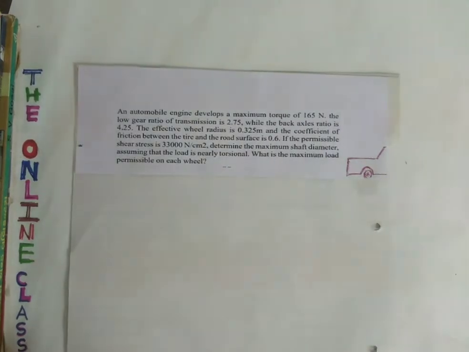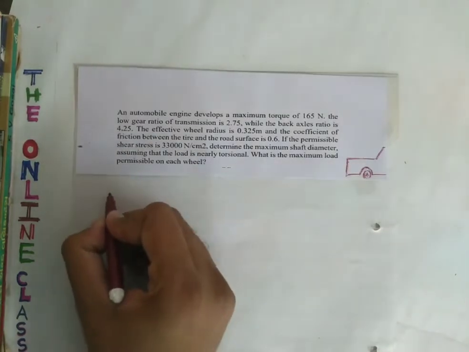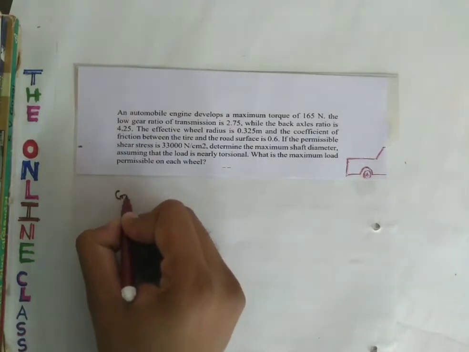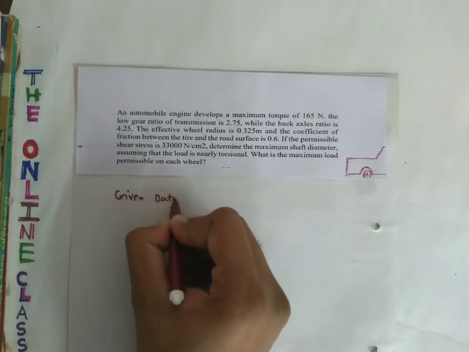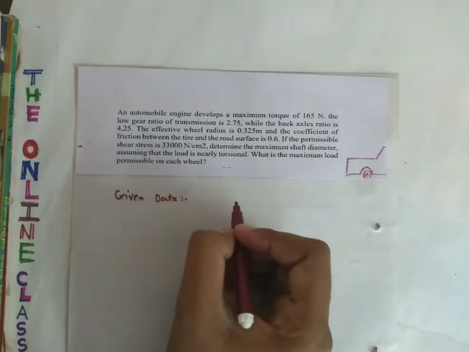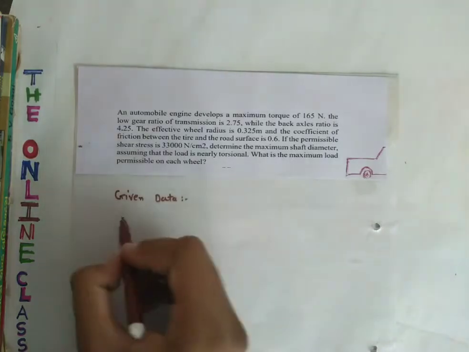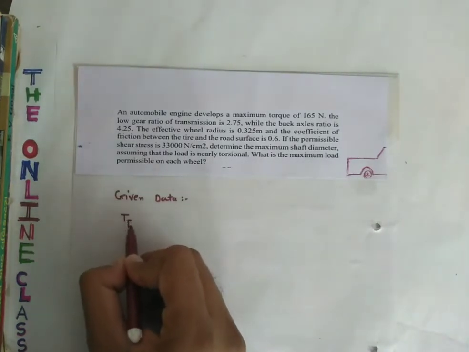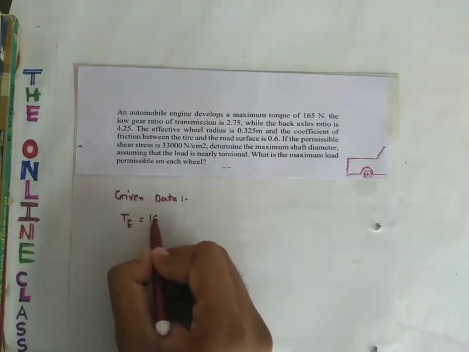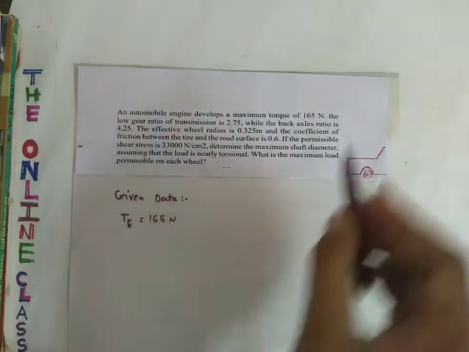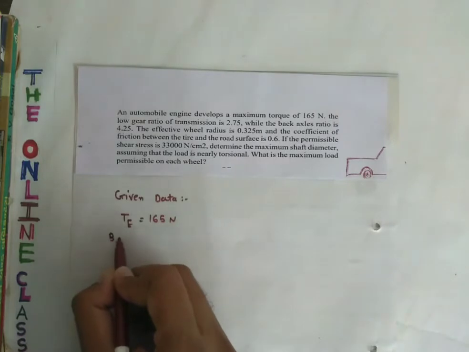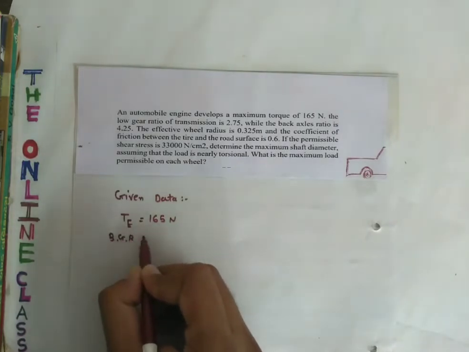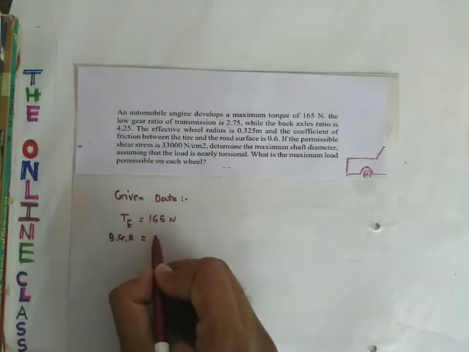So here, based on that example we write the given data. The engine torque is directly given, so Te is equal to 165 Newton meter. The low gear ratio, it's called bottom gear ratio, is 2.75.